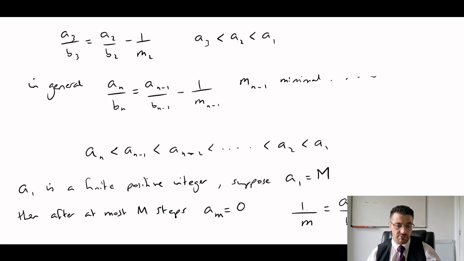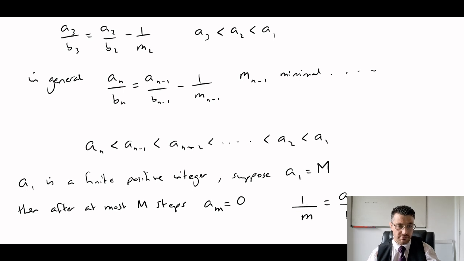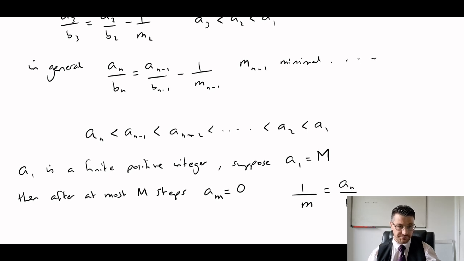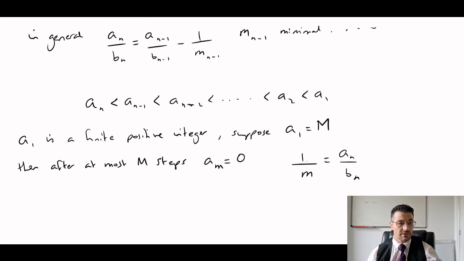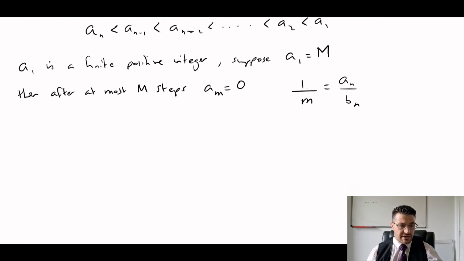Once we get to a point where 1 over m is equal to q, that's when we stop. We don't need to go any further. Okay, so I've given a bit of an idea there. I'm not saying that how I've written it out there is exactly how I would have written it out in an exam.